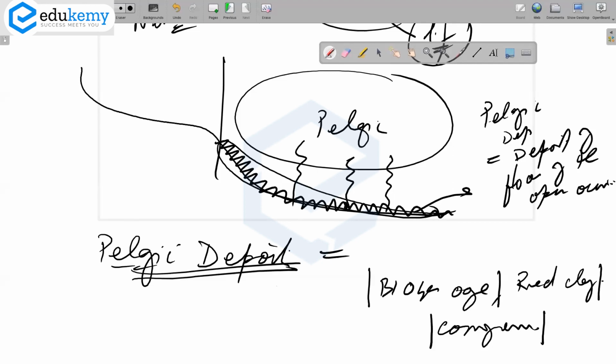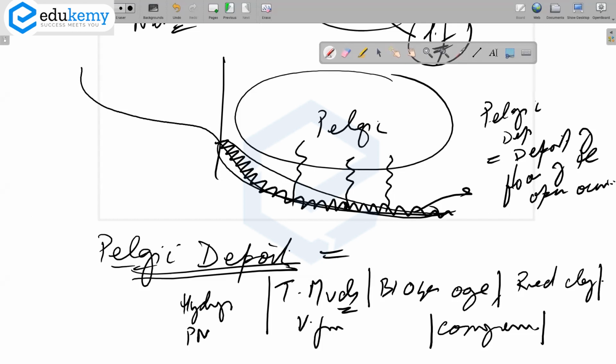Yes, what we call terragenous muds. Okay, these are very fine. And it also includes the hydrogenous, which is the precipitates, the PMN, and also the evaporites. Evaporites are less, precipitates and PMN are more. So if they ask you pelagic deposits, you must write about all the deposits.